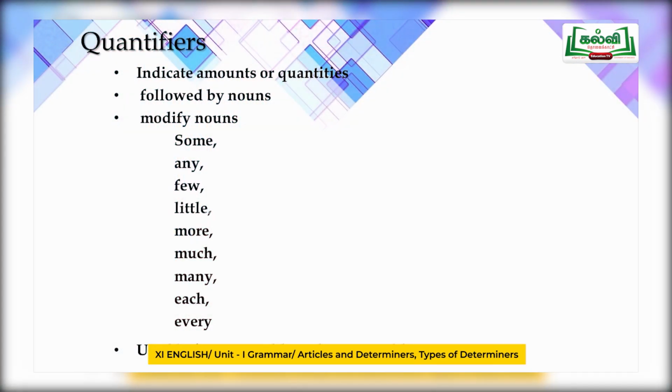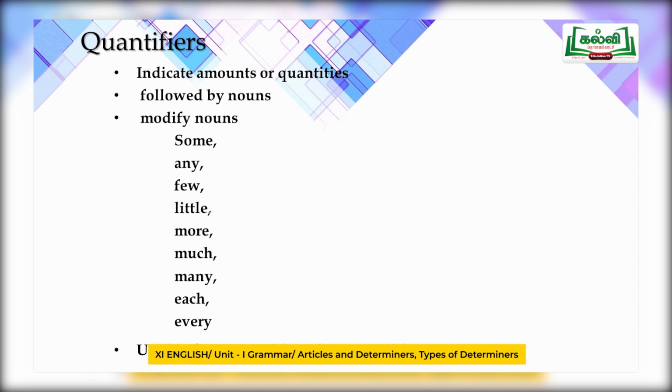Next one is quantifiers. Quantifiers indicate amounts or quantity. Quantifiers are also followed by nouns and modify nouns. They are used for countable and also for uncountable nouns. The words used as quantifiers are some, any, few, little, more, much, many, each, every.